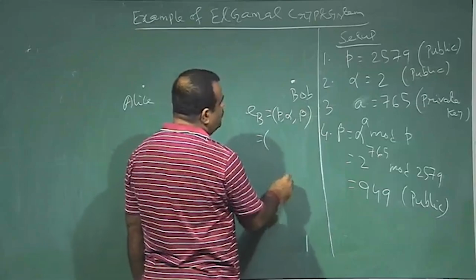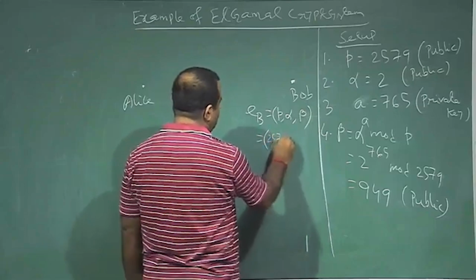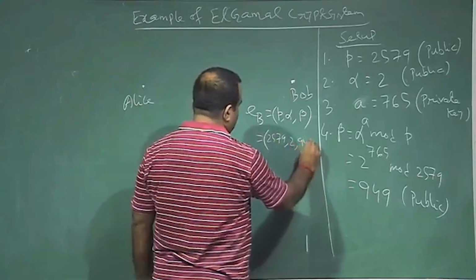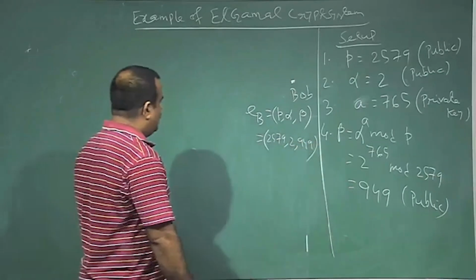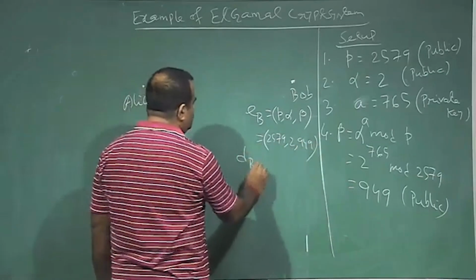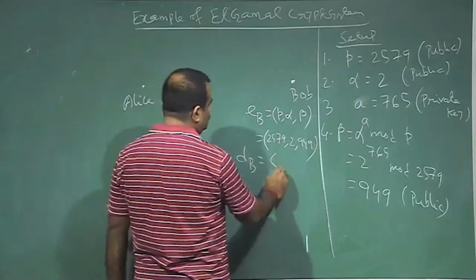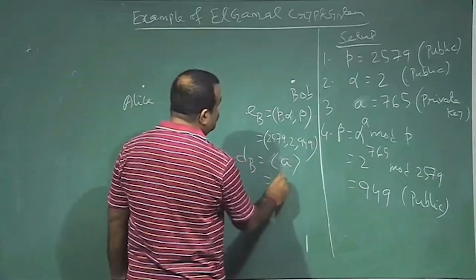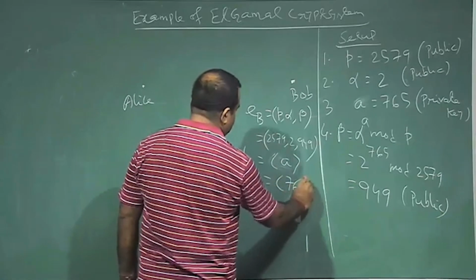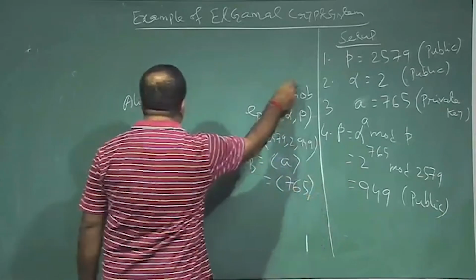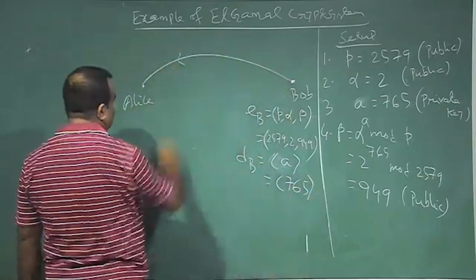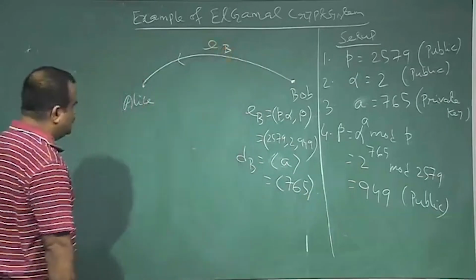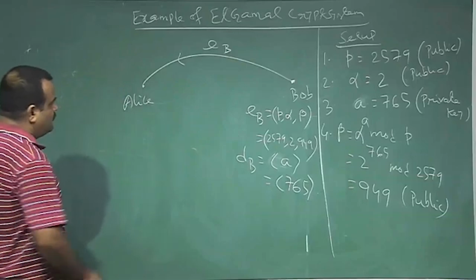P is 2579 and alpha is 2 and beta is 949, and the secret key of Bob is basically A. This A is chosen by Bob, and Bob makes this EB public, over the public channel or in the public key directory.